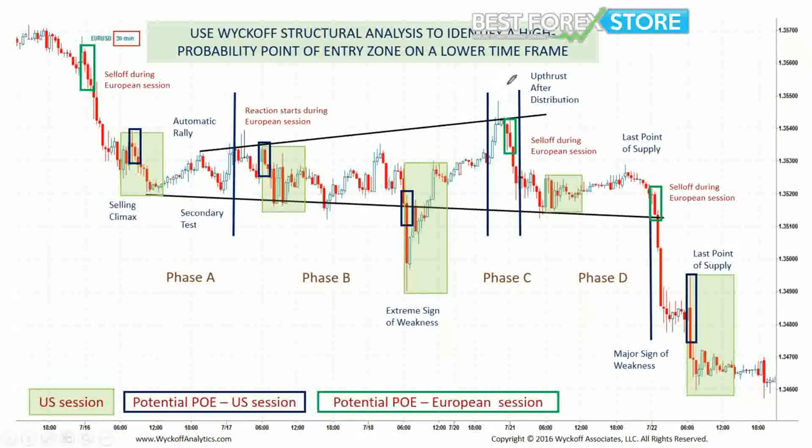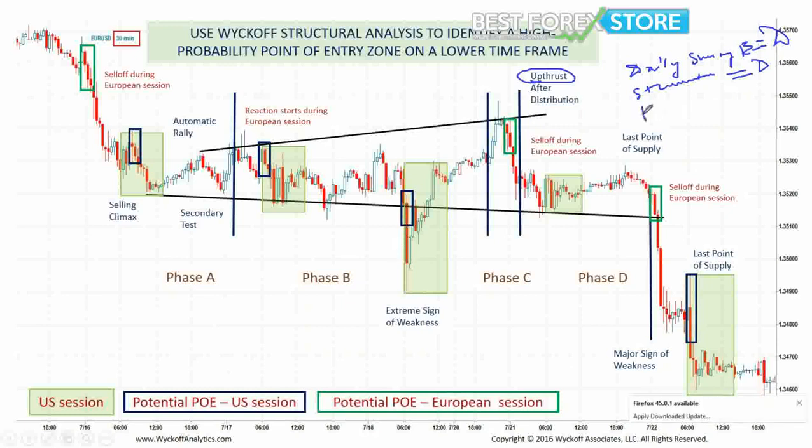let's say in this area right here, upthrust, our daily swing bias is going to be down. Our structural bias is going to be down here too because of the upthrust and this action right here. And then we're just waiting for the reversal on, let's say, 30 minutes, and it comes right here.